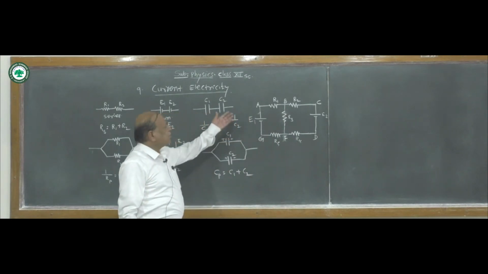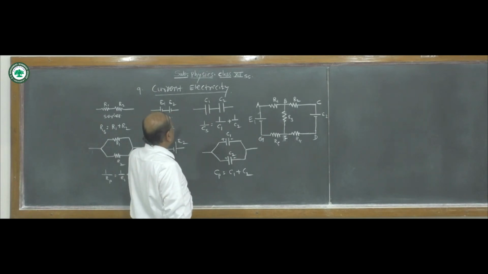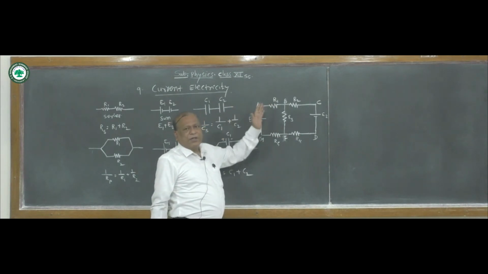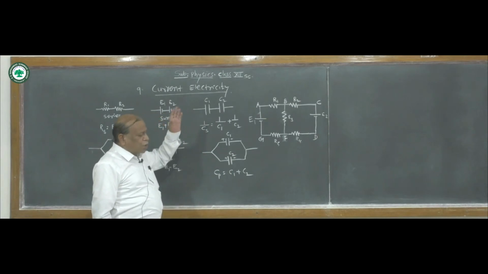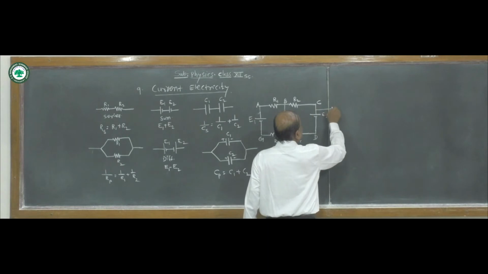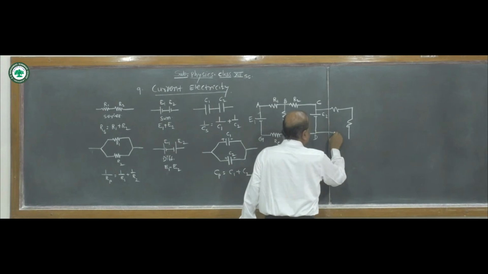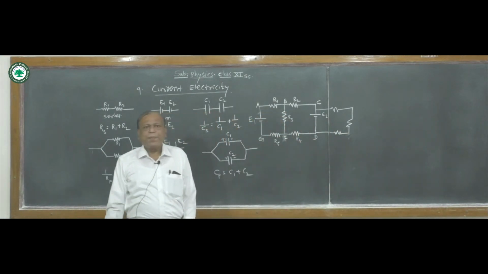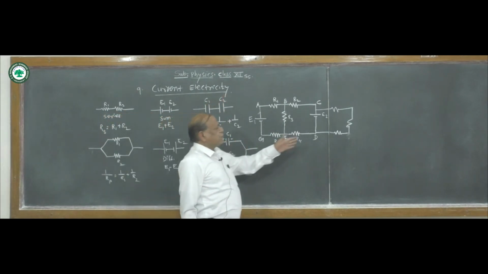Now such combinations are formed in different ways to make an electrical network. And now we have to simplify such a network. Suppose this is again connected to others, such combinations get complicated, and this is the electrical network.